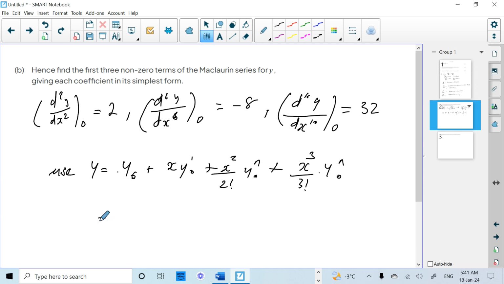So that's just writing out, replicating what's in the formula booklet for the Maclaurin series.